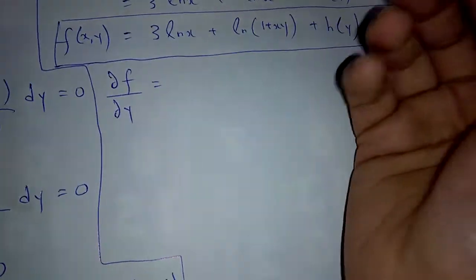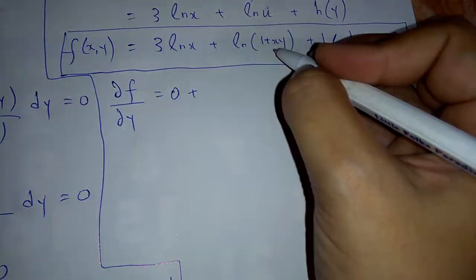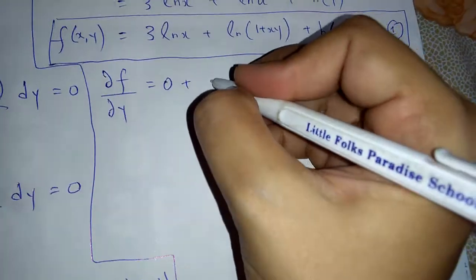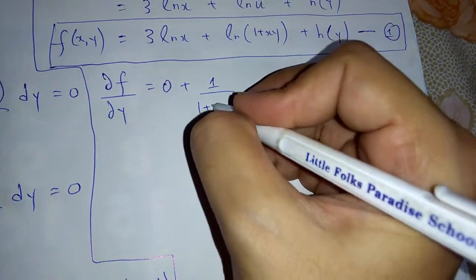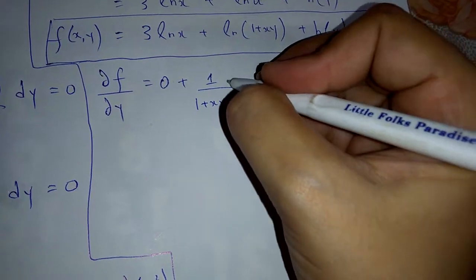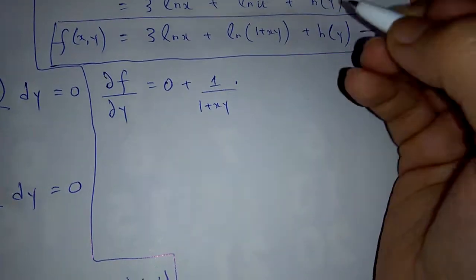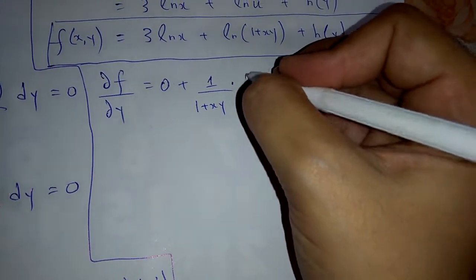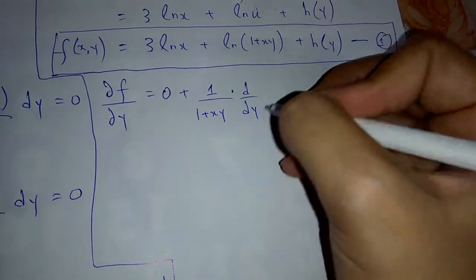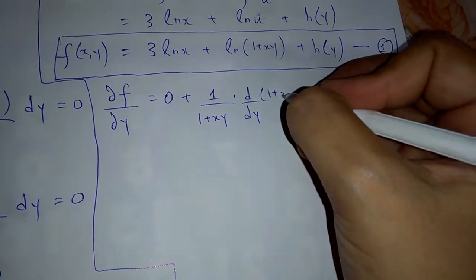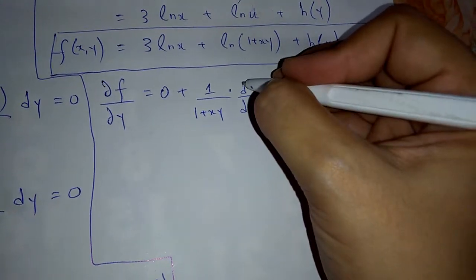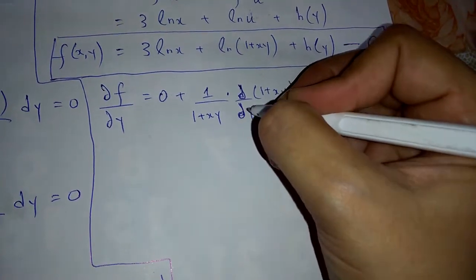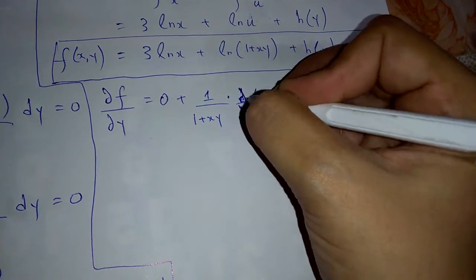This whole thing will become 0, and then the ln of this thing is 1 plus xy times 1 plus xy, and once I apply my chain rule here, I should use partial derivative notation.